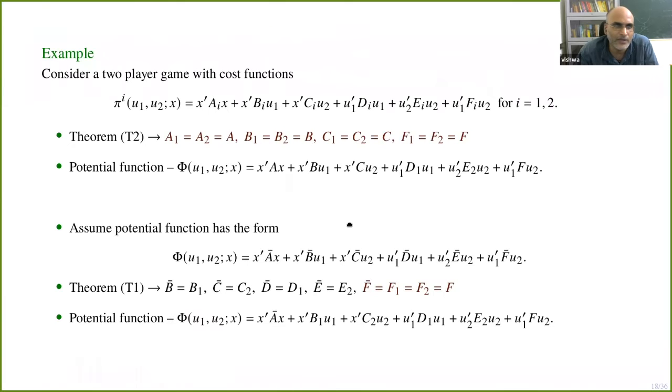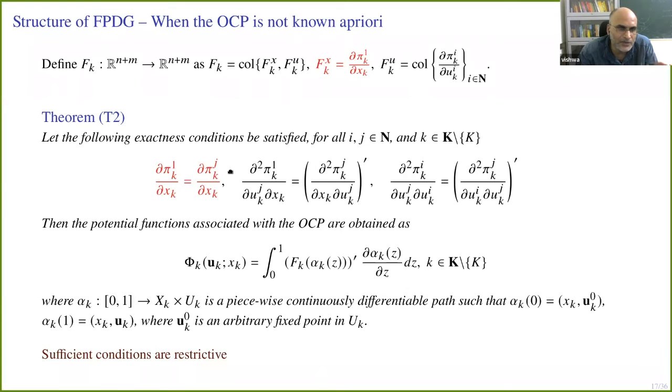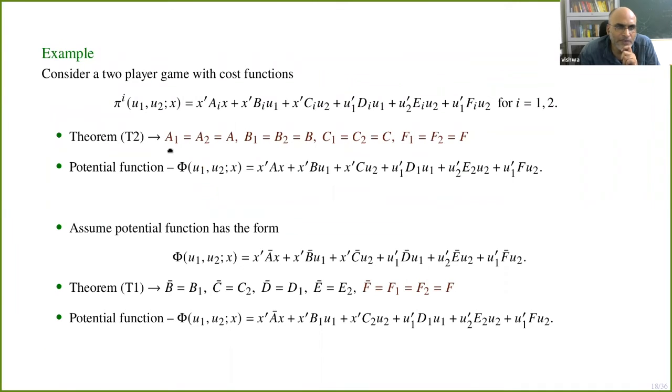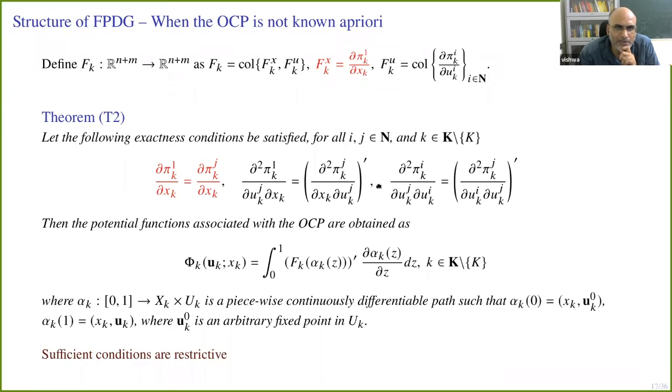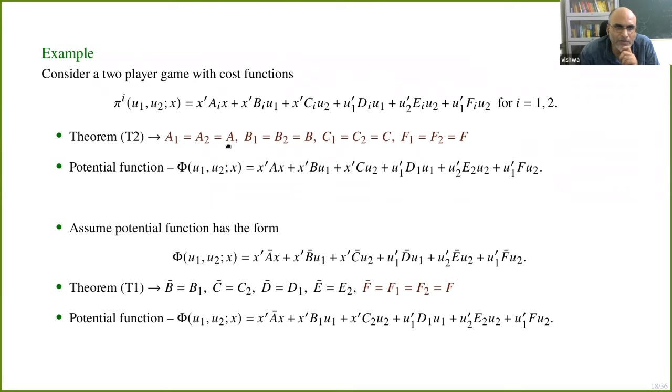We believe that these are very restrictive, and I want to show this with an example. I assume that the player's payoff is of this quadratic form. Here it's a static problem, but I make it parametric in x to explain how restrictive these conditions are. If I impose these conditions, they would require that A1 and A2 be the same, B1 and B2 the same, C1 and C2 the same, and F1 and F2 the same.